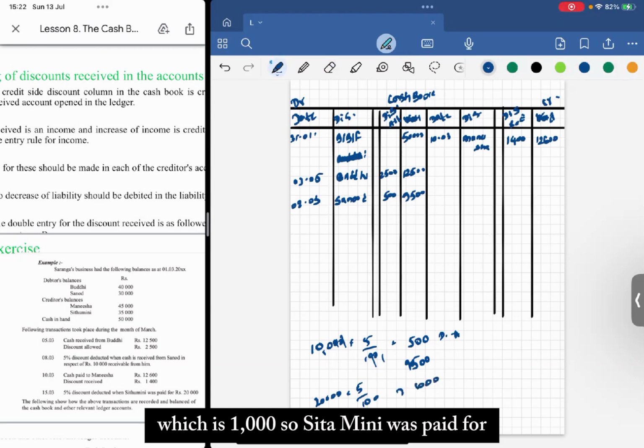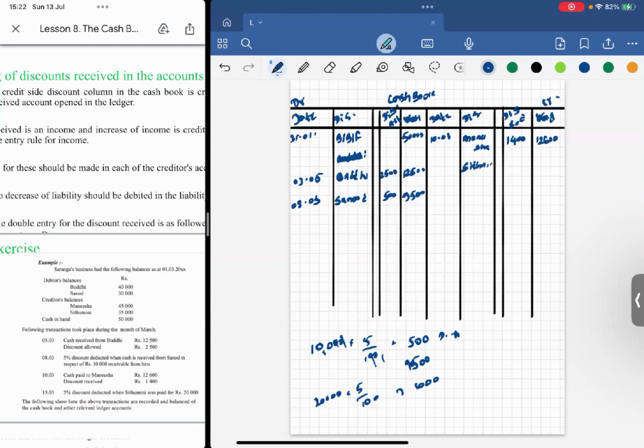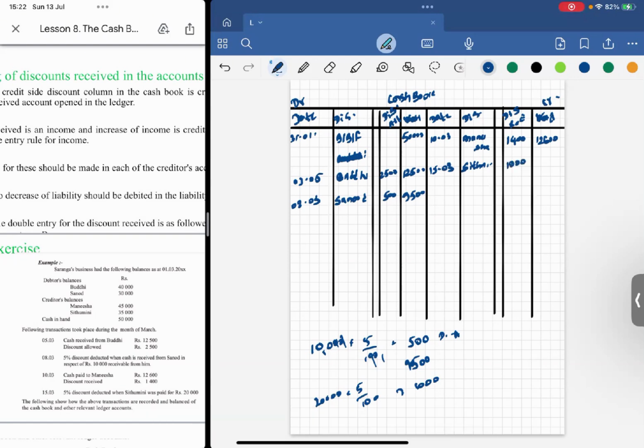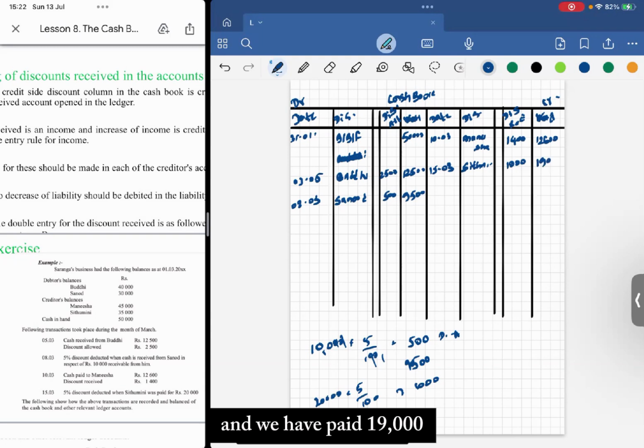So Situmini has been paid on 15th March. We have received a discount of 1,000 and we have paid 19,000.